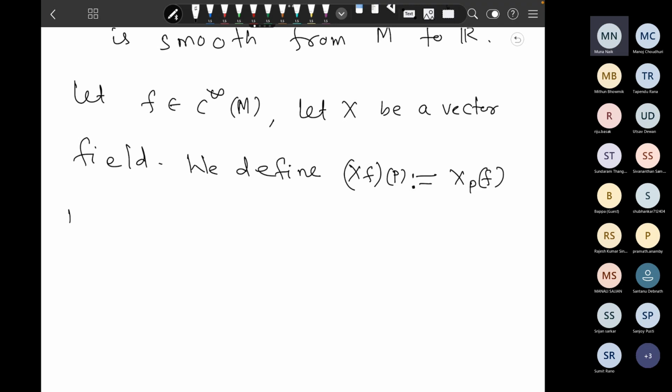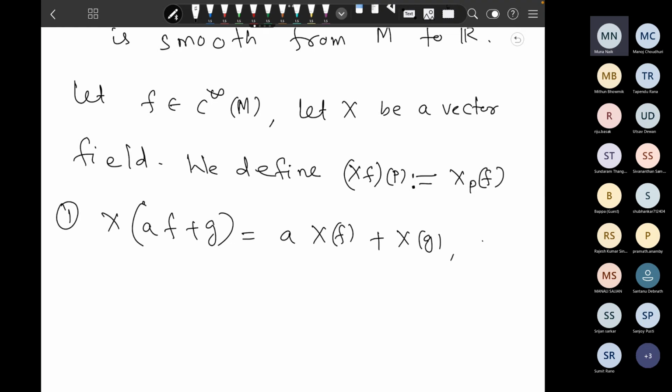Now you can check that X of a f plus g is equal to a times X f plus X g, where a belongs to R.